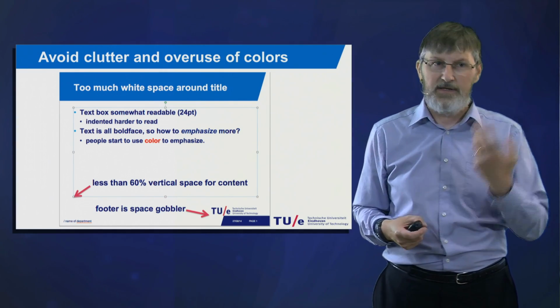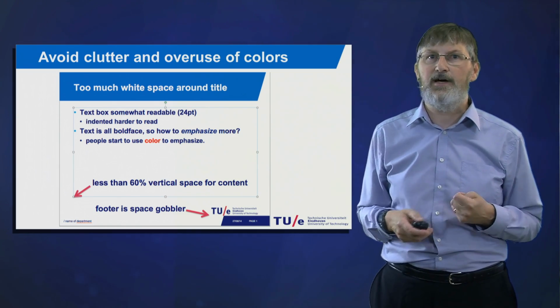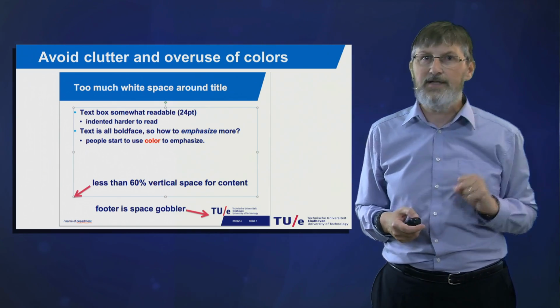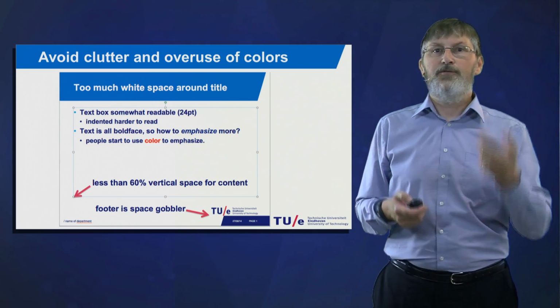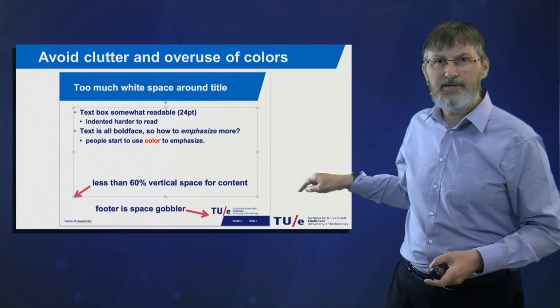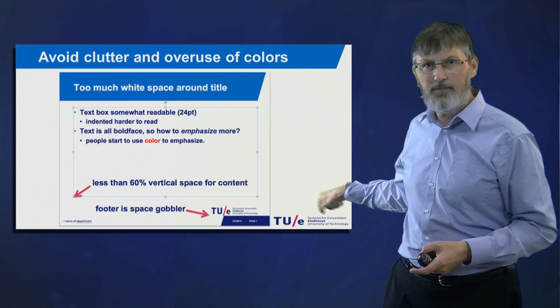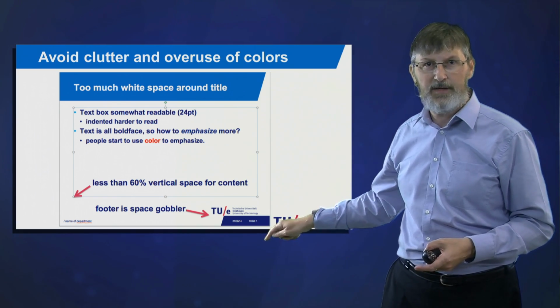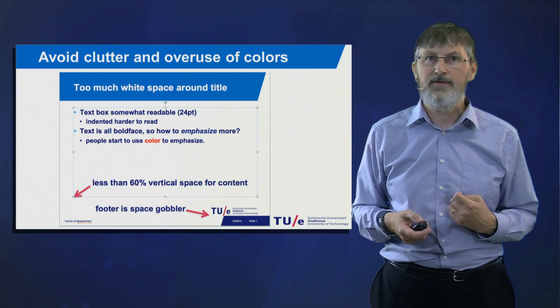So in my presentations, I am using a more compact version of this style, which has less white space, well, blue space actually, around the title. The footer in the standard template is also way too large. I'm using a compact footer. The standard display has a larger footer, which wastes vertical space.